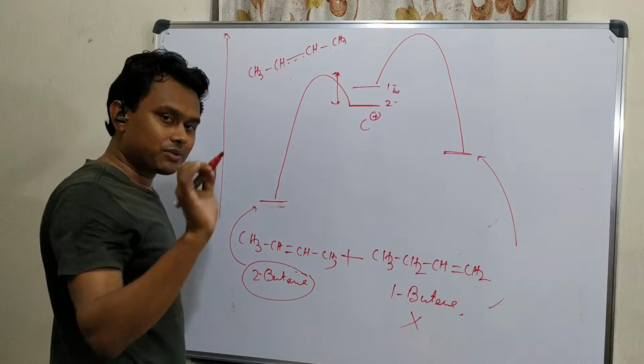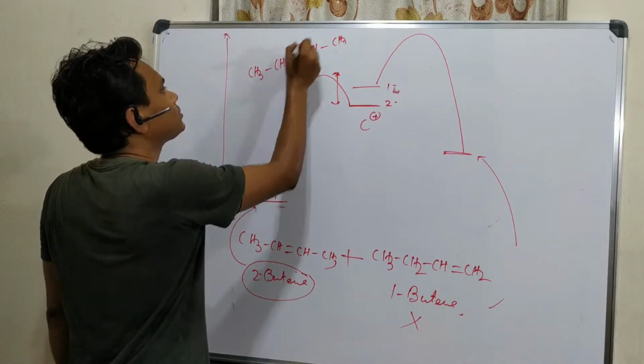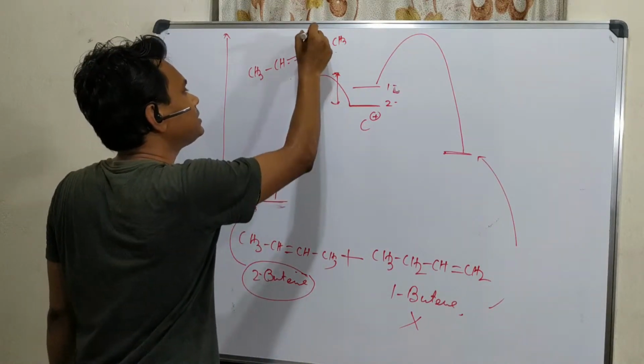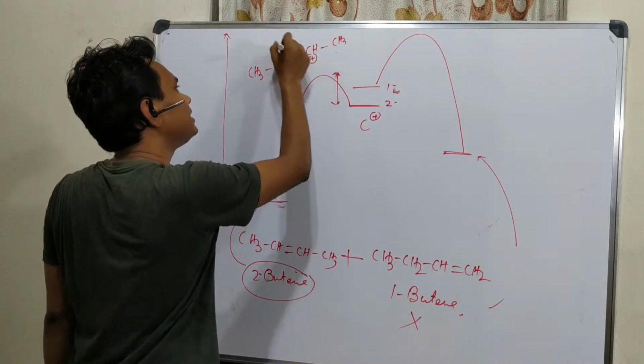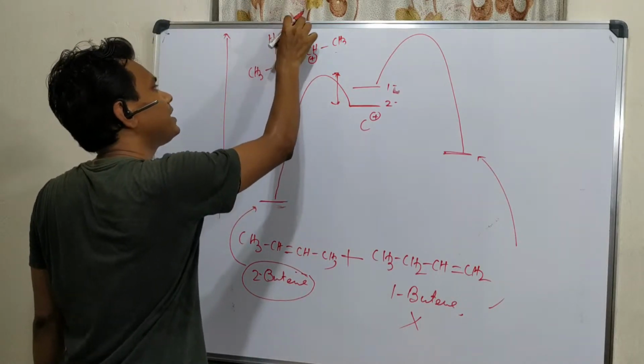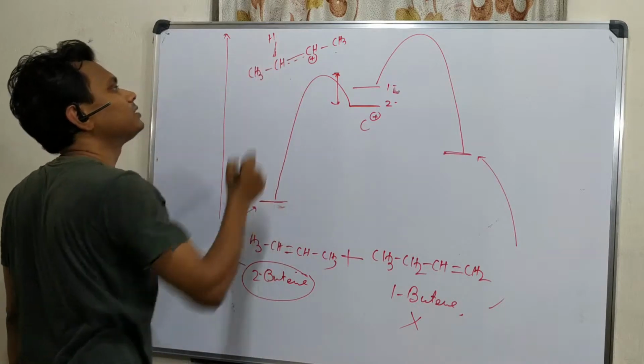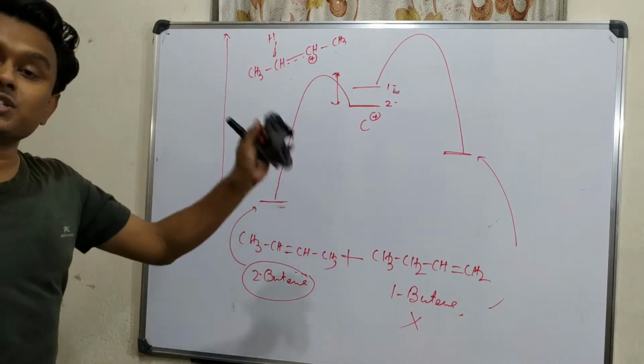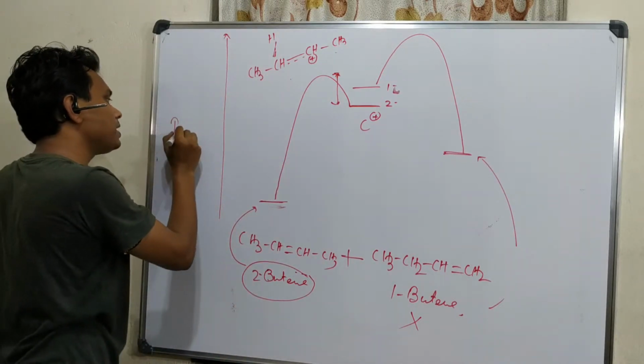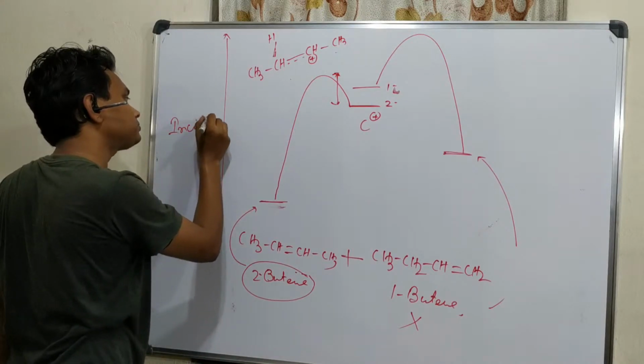I am not going into cis-trans, I will explain later. So it is a carbocation, so it eliminates one hydrogen. So this hydrogen is eliminating, so it should be dotted. So the transition state is incipient alkene type.